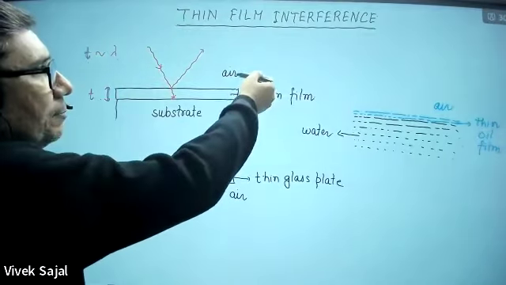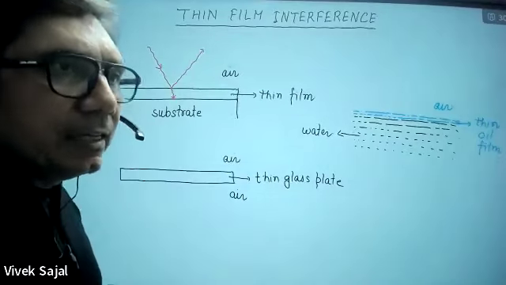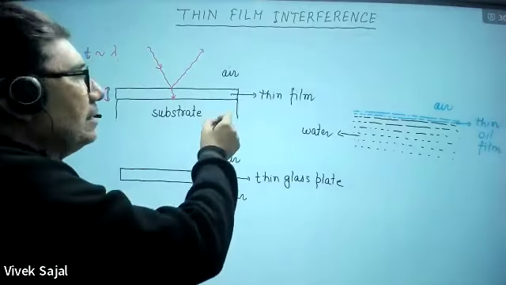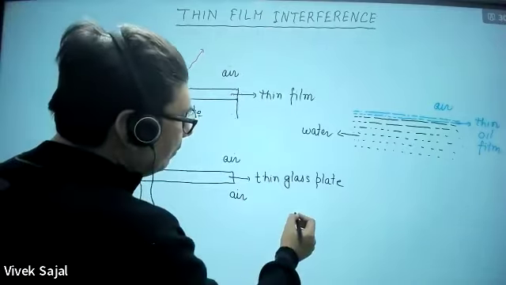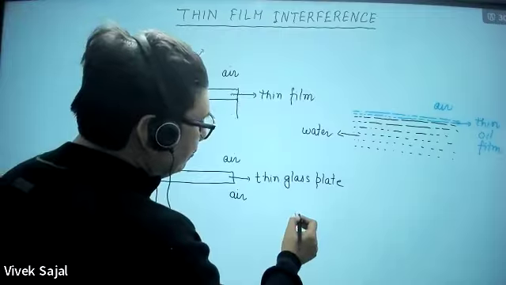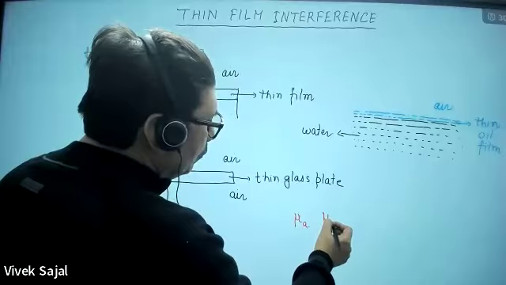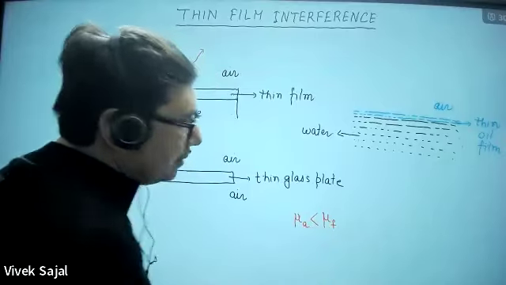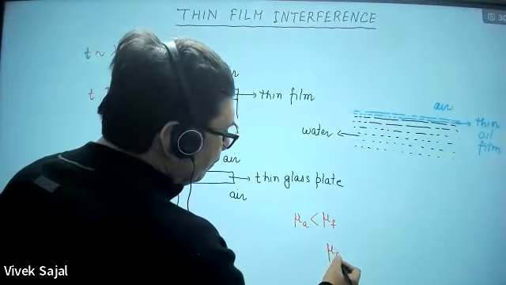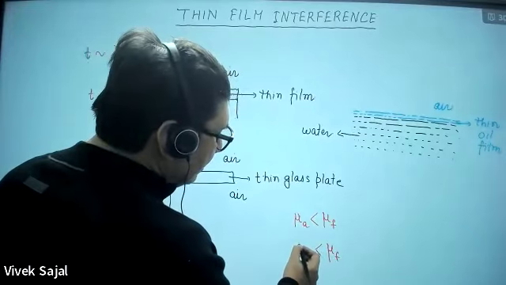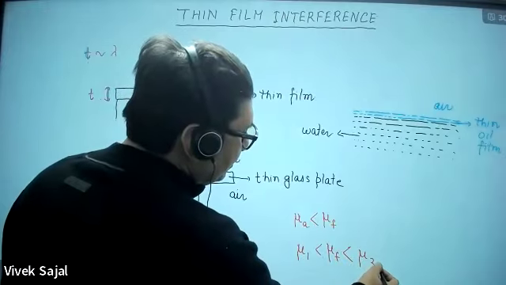So their refractive indices may be in increasing order: here this is mu a, in between this is mu f, the film. You can face a situation where mu f is greater than the refractive index of the first medium but less than the refractive index of the second medium.